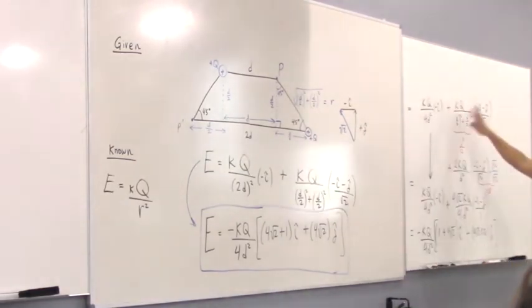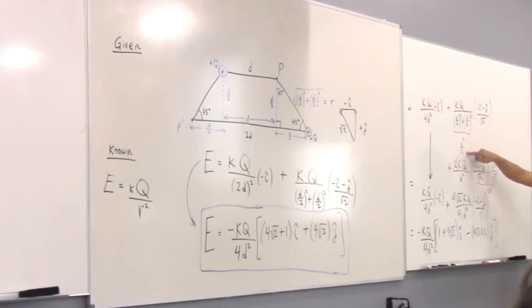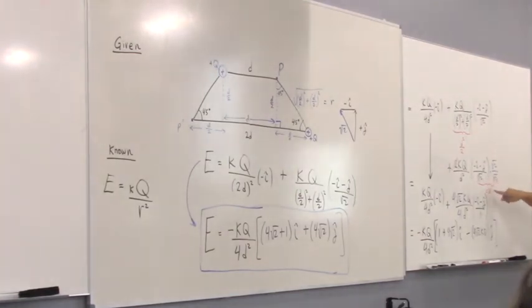I rewrote it, right? The bottom here, you add them together. It's d squared over 2 because you get 2d squared over 4. That simplifies to d squared over 2. But that 2 is in the denominator, so that goes to the top there. Here, I multiplied by root 2 over root 2. And then that 2 in the denominator cancels out with that 2. I'm left with the root 2 on top, and now bringing everything down, I have that denominator is 4d squared.